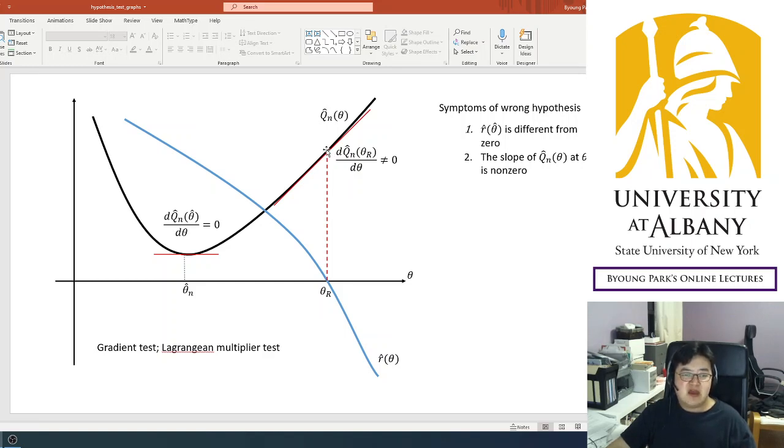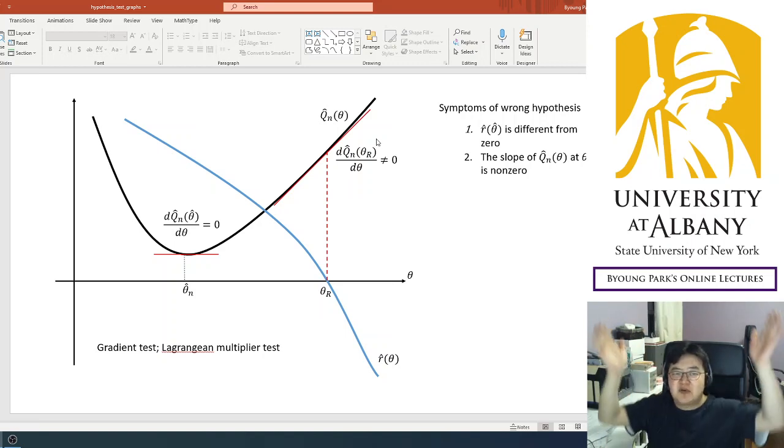So the minimization of the criterion function given the restriction is at this point, and at that point the slope is non-zero. If the criterion function is convex, and the restricted estimator is further from the unrestricted estimator, then the slope will be steeper.